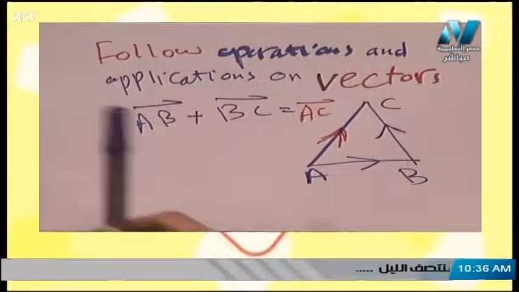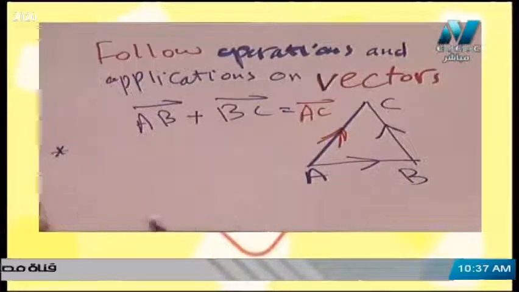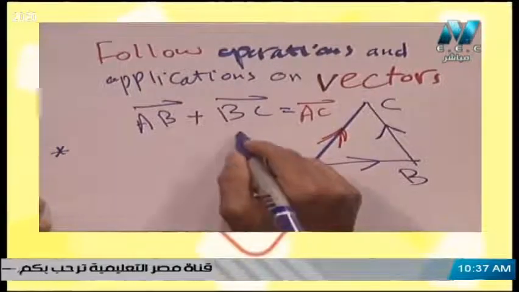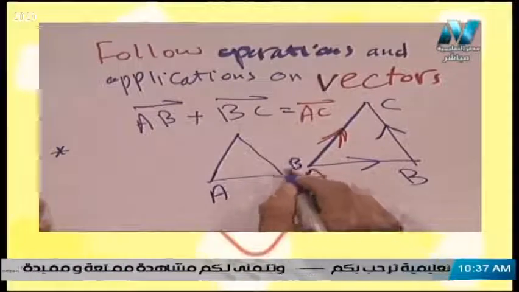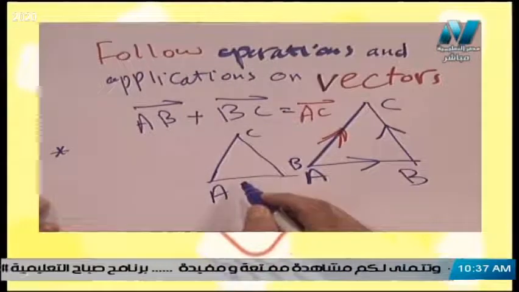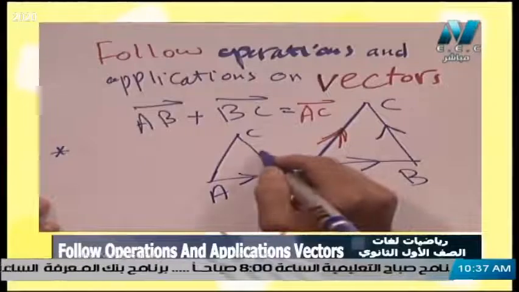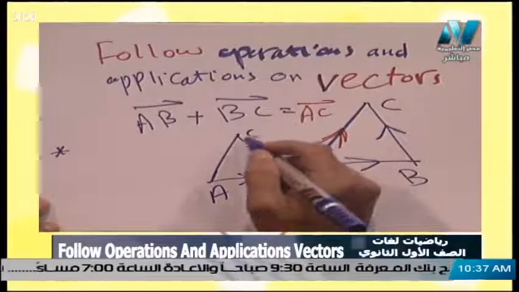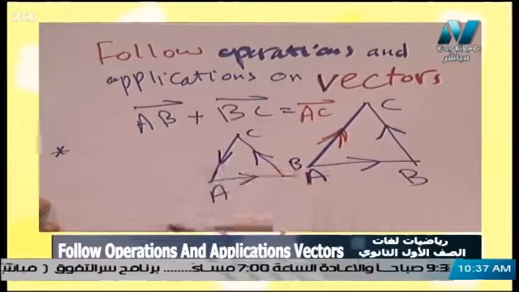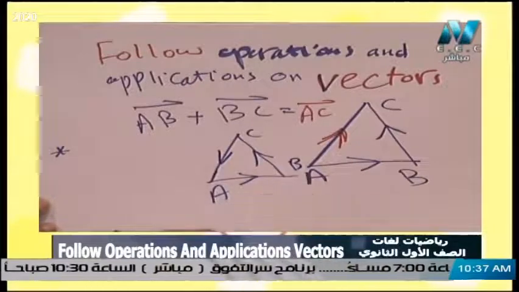And if someone asks me, if we have a triangle here, ABC also, what happens if we have a vector AB plus another vector BC plus a third vector in the direction CA?